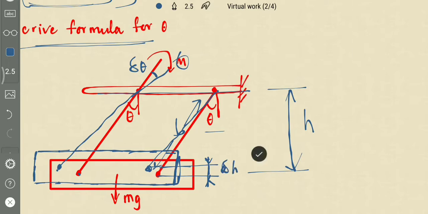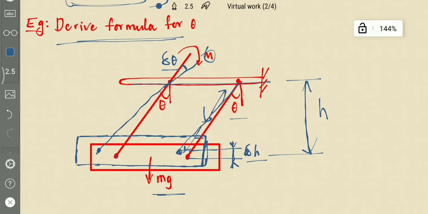The small change in displacement is delta h, and the small change in angular displacement is delta theta. So this is the assumed position of the block when moment m is applied.